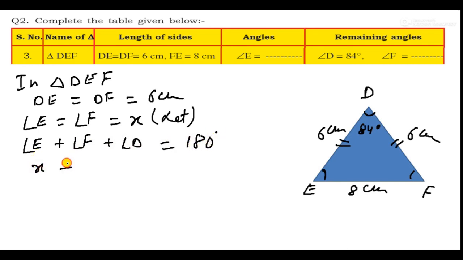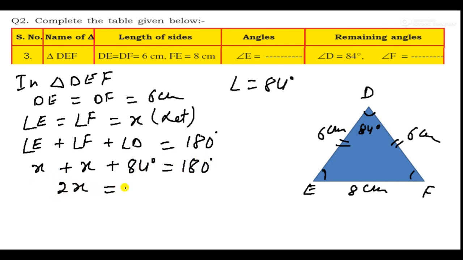So E is equal to x and F is also x. Angle D is given as 84 degree. It is equal to 180 degree. So 2x is equal to 180 degree minus 84 degree.